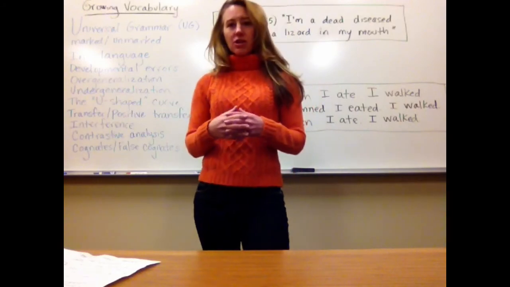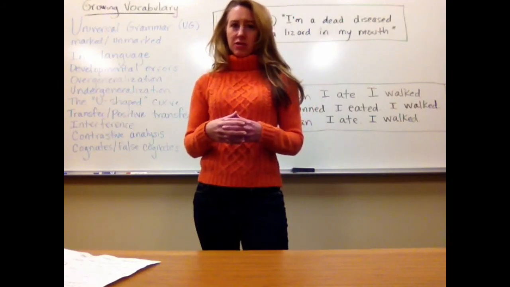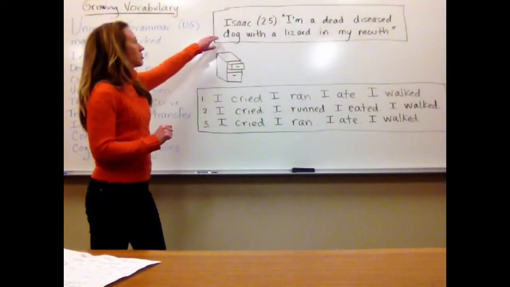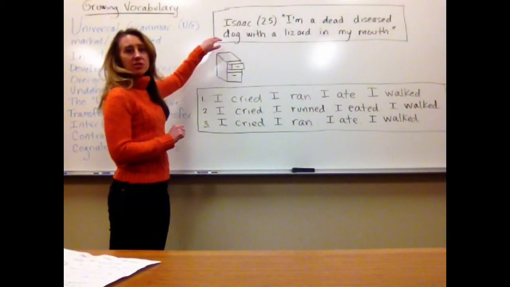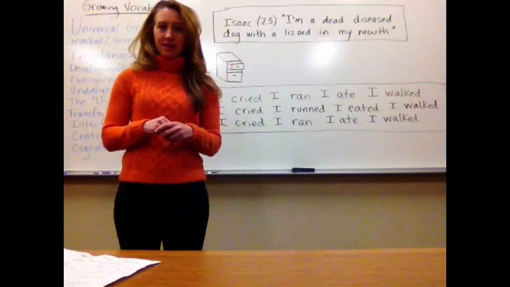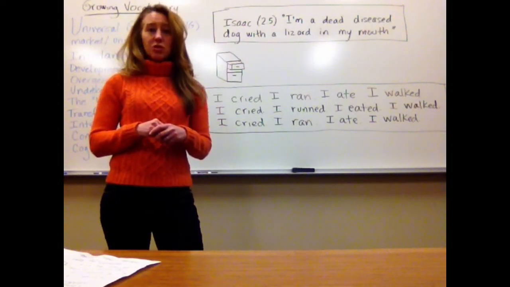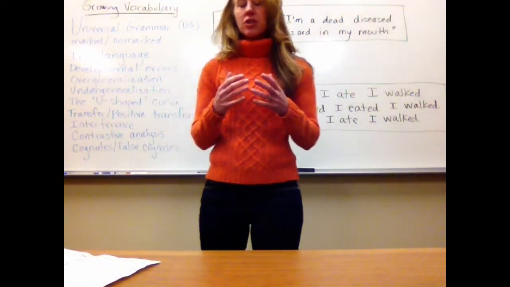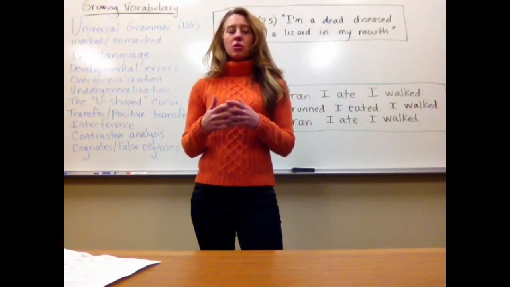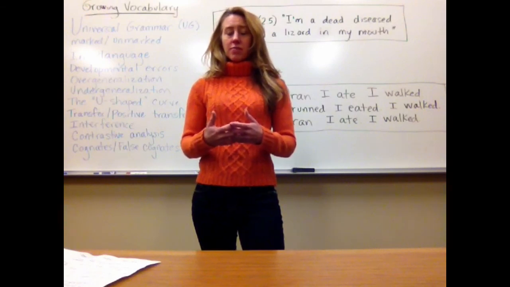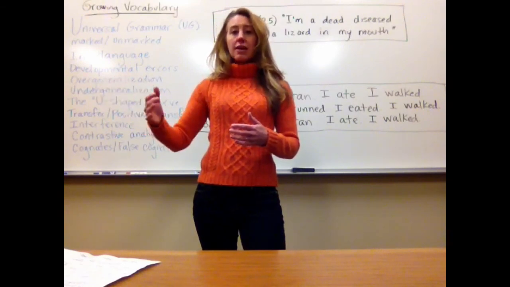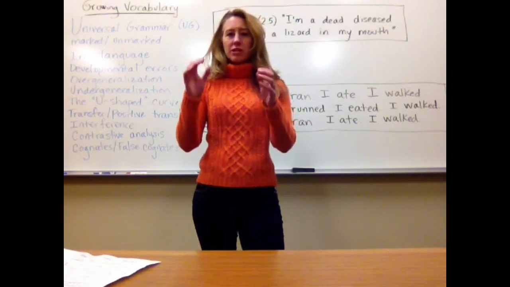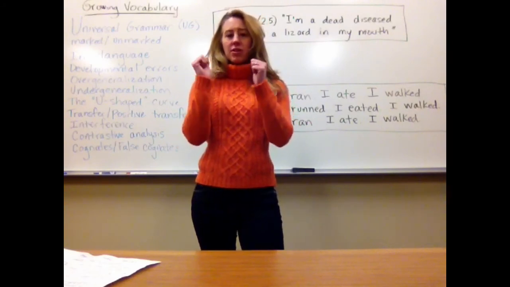But I want to start out by giving you a bit of a puzzle. Okay? So the first part of the puzzle, take a look with me at this quote. This is a quote from my son Isaac when he was 2.5 years old. So let me tell you first about the situation in which he said this. So I was cooking in the kitchen, and Isaac came into the kitchen. He was kind of on all fours, but he wasn't down on his elbows.